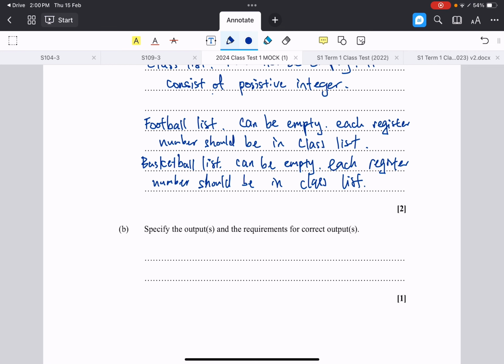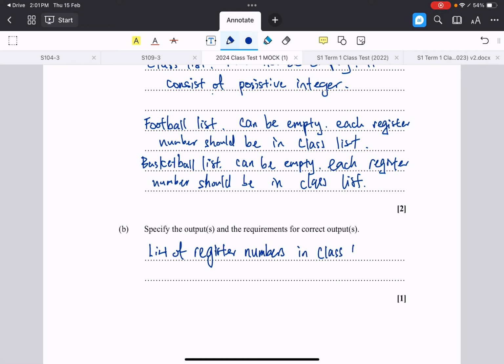So finally, they ask for the outputs and what are the requirements. Well, what gets output, right? What you want is actually a list of register numbers in the class list.